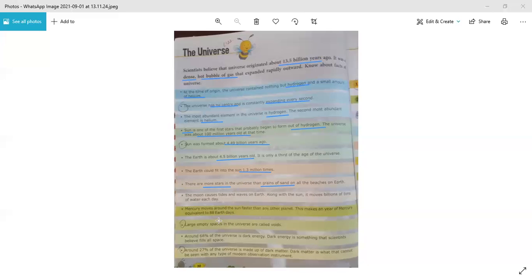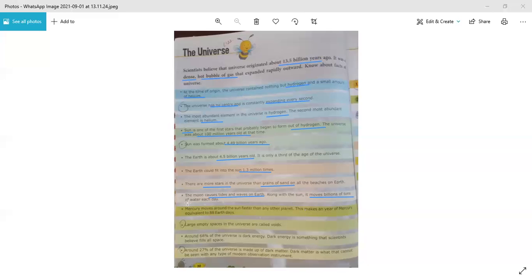Now the next concept you have to learn is that the moon causes tides and waves on earth. What causes tides and waves on earth? That is the moon. Along with the sun, it moves billions of tons of water each day. That is really surprising.